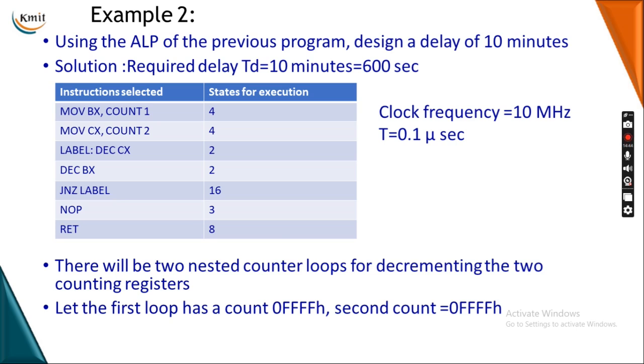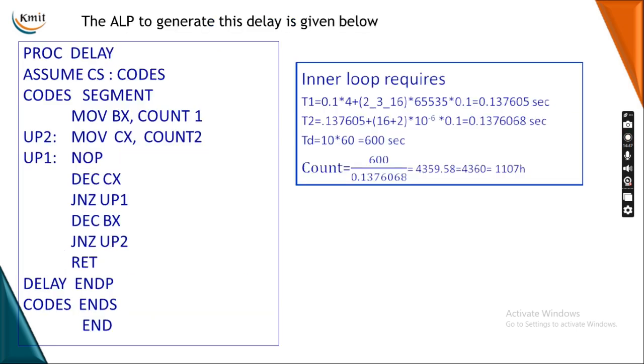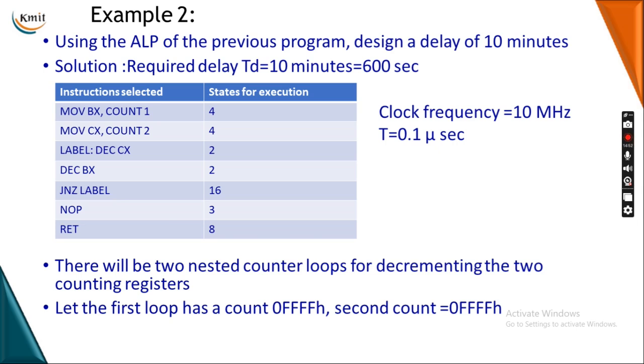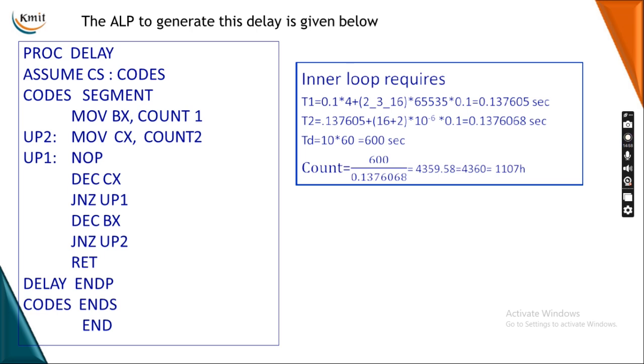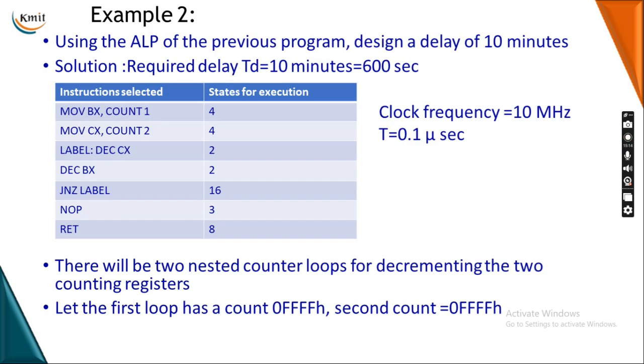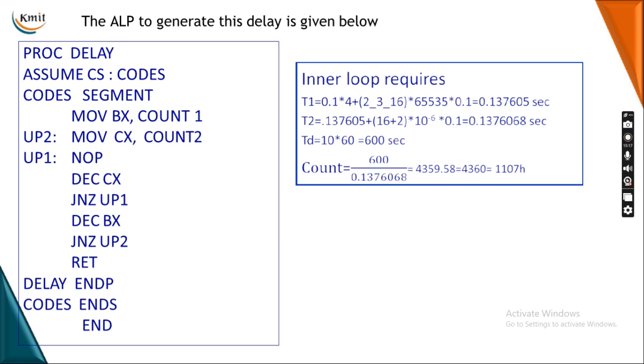Decrement BX is 16 plus 2, decrement CX is 2 plus 3 plus 16, into the count, which is 0FFFFH, that is 65535, into 0.1, which is 0.137605, plus 16 plus 2 into 10 power minus 6 into 0.1, giving 0.1376068. The time delay is 10 into 60, 600 seconds.